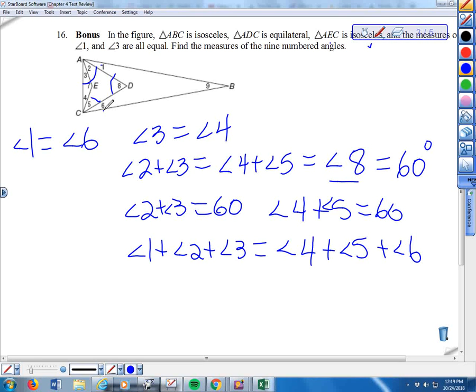Right? 3 and 4 are equal. So what does it tell us about 2 and 5? They're equal. And I know 3 and 4 are equal. What else am I missing? I've got 8. I'm missing 7 and 9. 1, 2, 3, 4, 5, 6, 7, 8, 9. Yep.